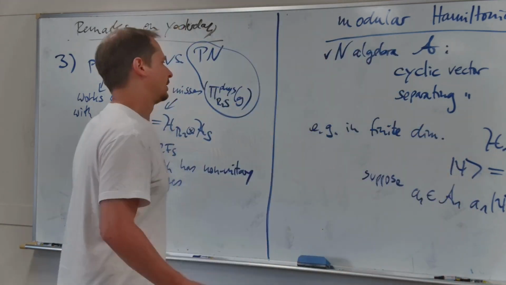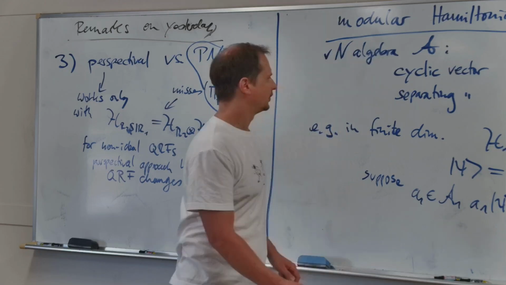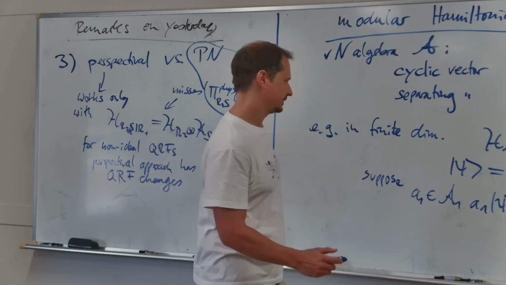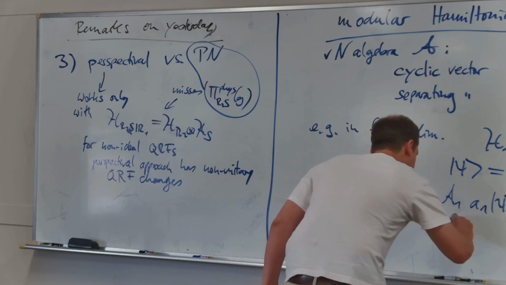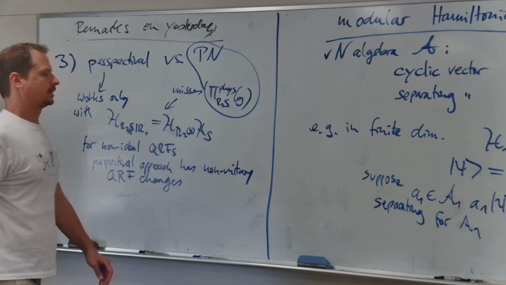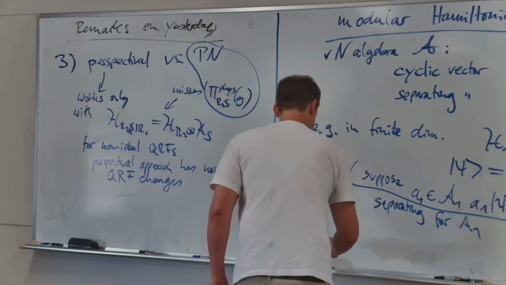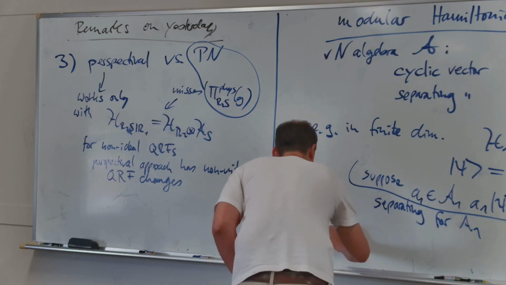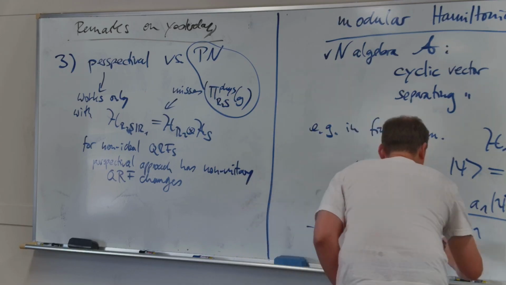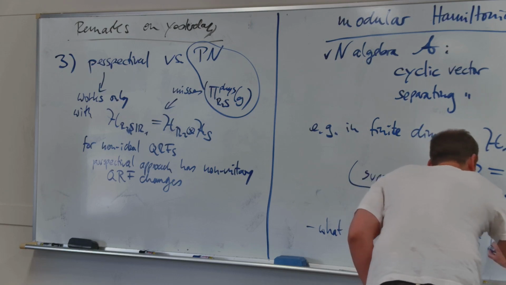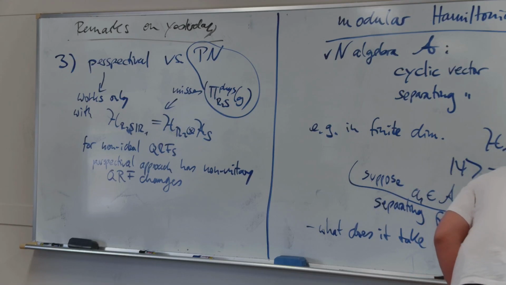And now we can ask also, what does it take for the state to be separating for A1? And what does it take for psi to be cyclic for A1?